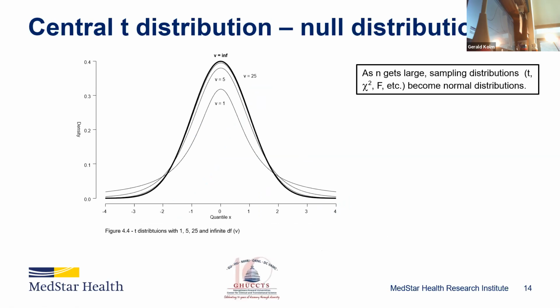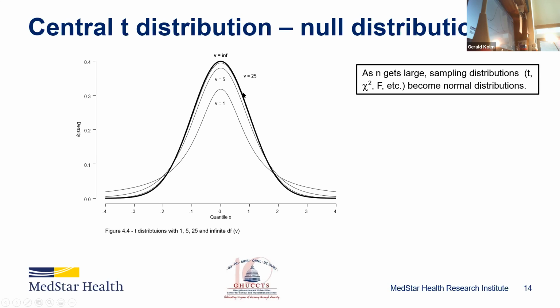In terms of the t-distribution, we'll just use the t-test here as an example. Our central t-distribution, that is, this is the null distribution. The thing to remember about the sampling distributions is that as the sample size gets large, in other words, as it tends to infinity, they all become the normal distribution.